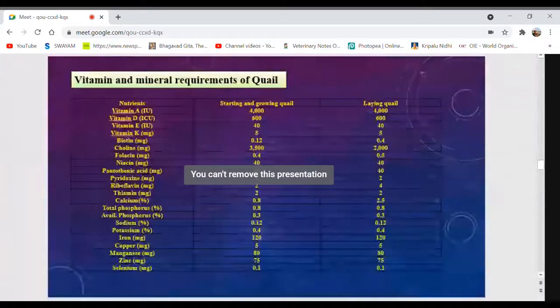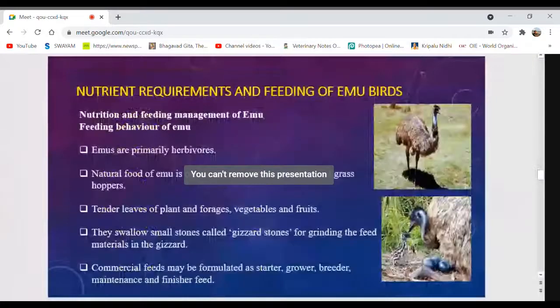I'm giving it very briefly. And this is the emu bird. I do not know whether you have seen it or not. I think you may see this bird maybe in an agriculture fair or somewhere like that. But it's actually very big. This bird's height is more.